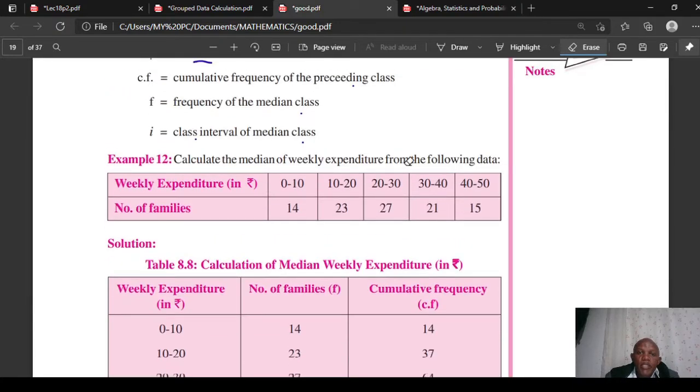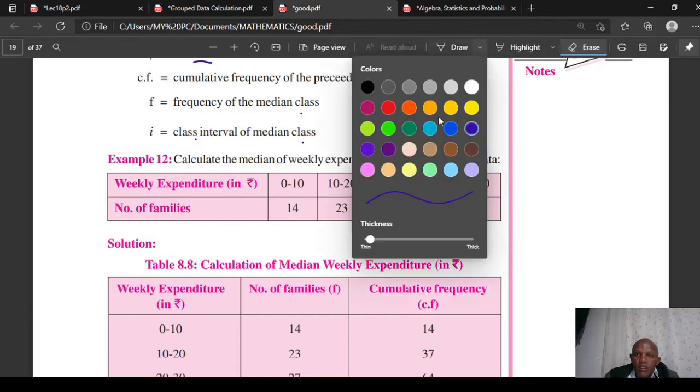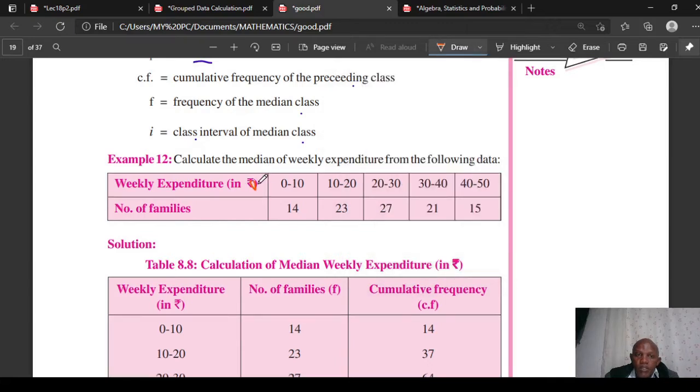Calculate the median of weekly expenditure from the following data. You have weekly expenditure here in thousands of shillings. Let me just assume this is in hundreds, not thousands.